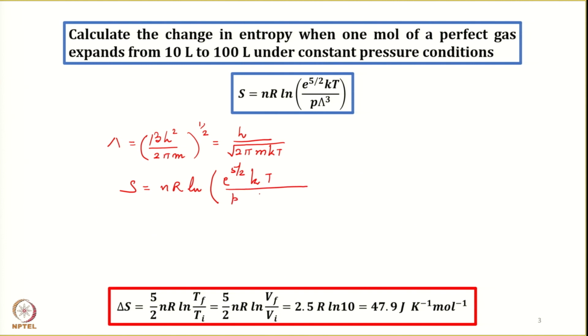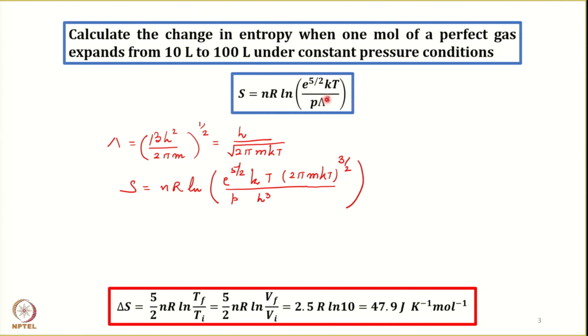This is going to be h cube over (2 pi m kT) raised to the power 3 by 2, and then I have this overall expression. Carefully examine what I have done.